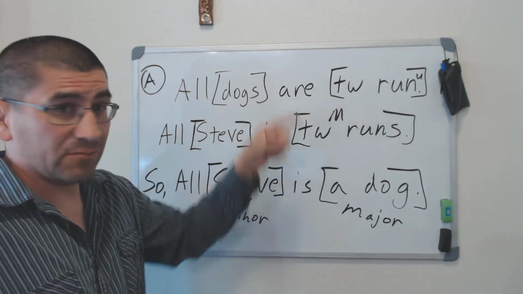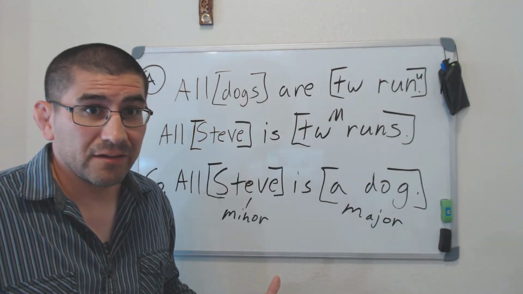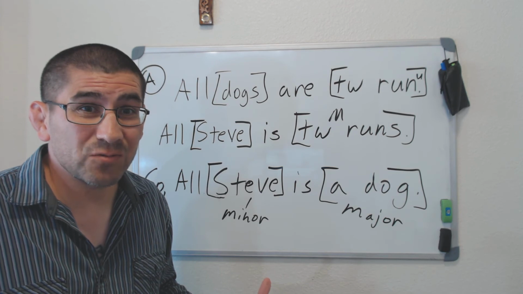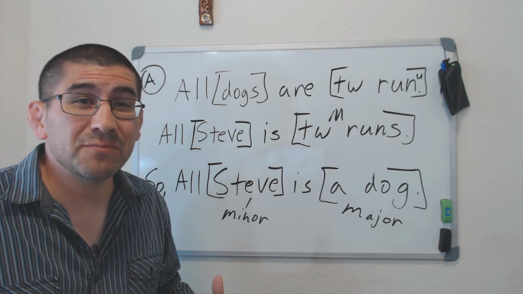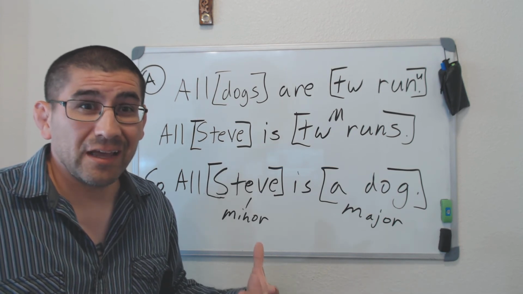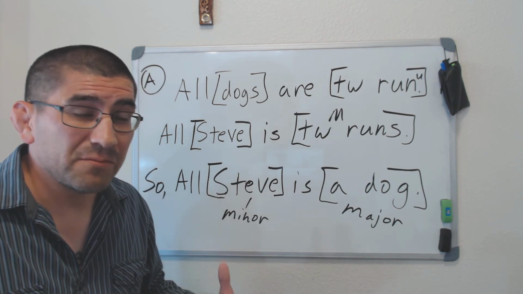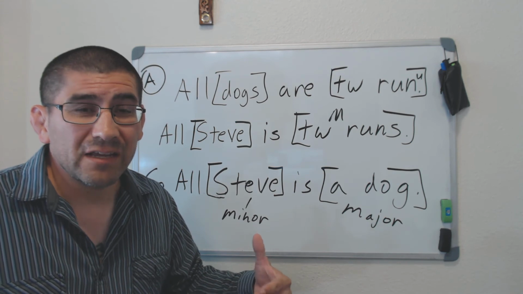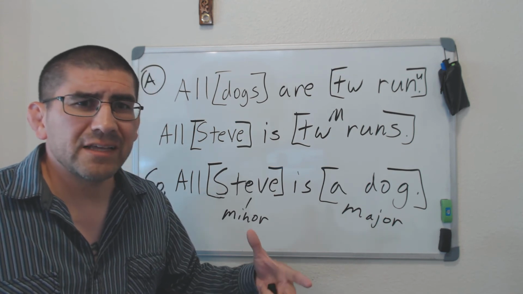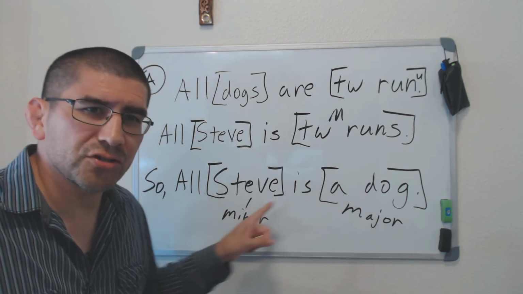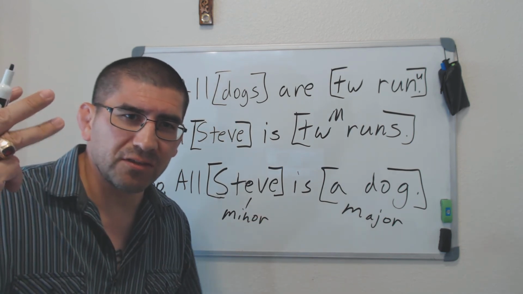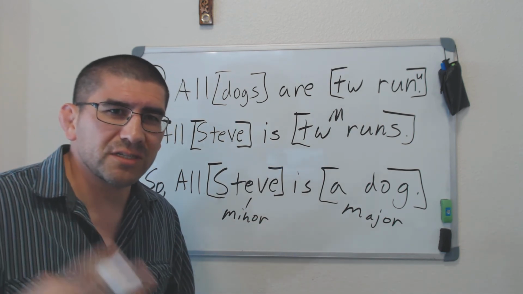So we didn't find it there. Remember, the middle term must be distributed at least once. In other words, the middle term must be used universally at least once. And the reason why that is so is because the middle term is the mediator. It is the important term that is connecting the two other terms in the proposition. Because remember, there's only three terms in an argument.